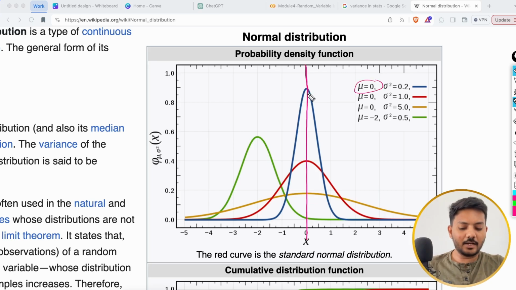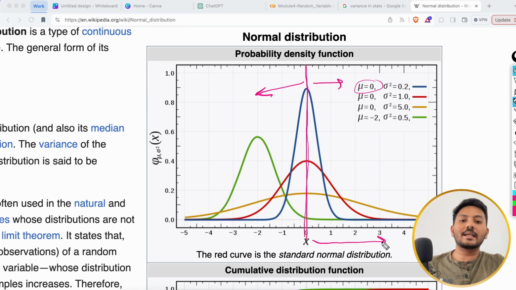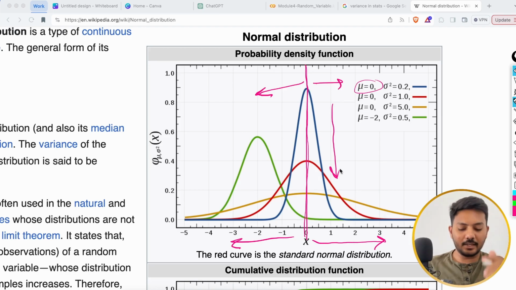This is my mean value, and the right half and left half are symmetric in nature, and whenever the value of x increases or decreases, the value of y tends to decrease from the mean value. Clear? And it decreases very fast, which is an exponential decrease.